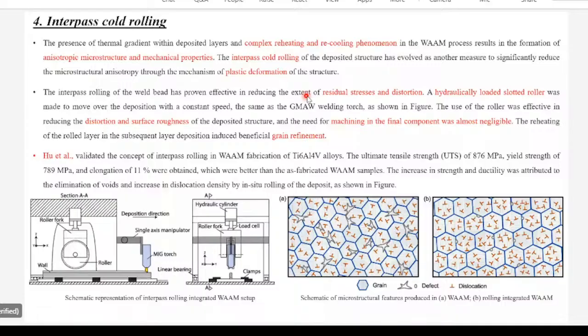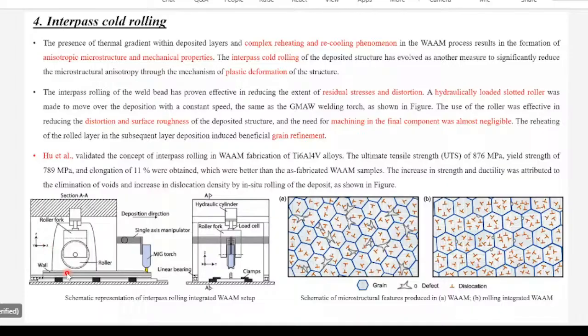If the layer has just been deposited, it is in solidus form, and you can easily deform it plastically. The pressure or weight of the roller depends, but if it is in solidus form it is easily deformed plastically. The pressure is not that high, so it is a very good solution to increase the mechanical properties.